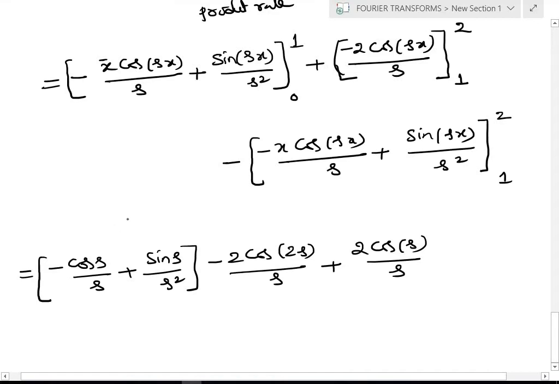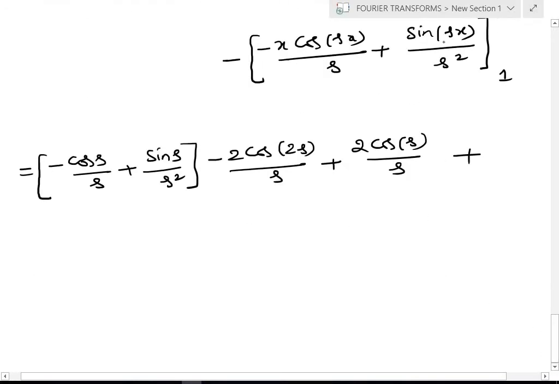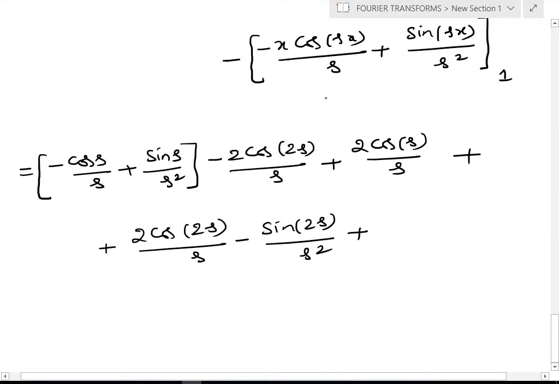Then in the next term, the upper limit 2 gives plus 2 cos 2s by s minus sin of 2s divided by s square, then plus the lower limit, where x is 1: minus minus becomes plus, giving minus cos s by s plus sin s by s square. Now after simplification.